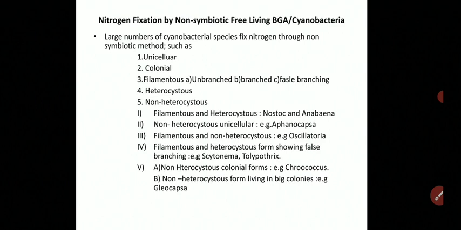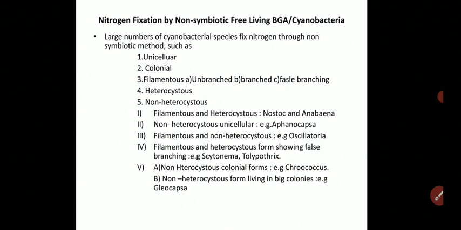And lastly, non-heterocystous forms living in bigger colonies. Now, the mechanism of nitrogen fixation by filamentous and heterocystous blue-green algae is described previously. The only difference is that these members are fixing atmospheric nitrogen by the non-symbiotic free-living method.